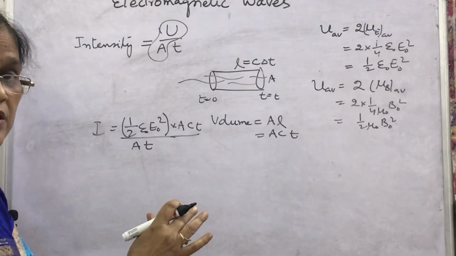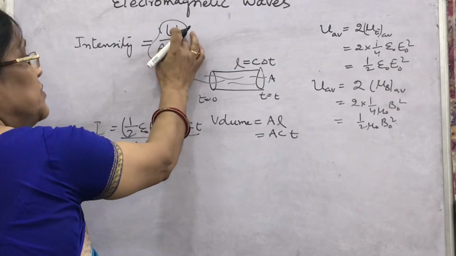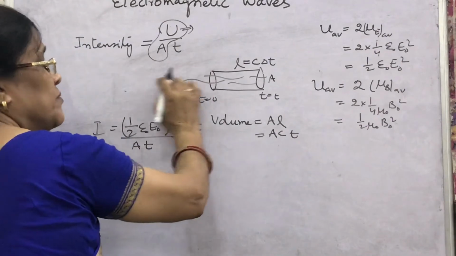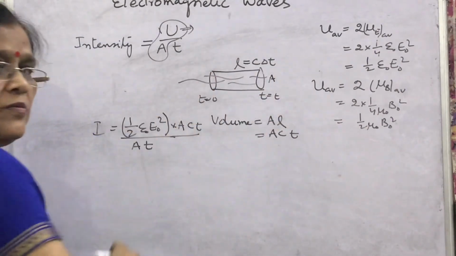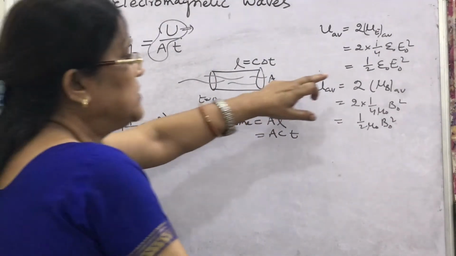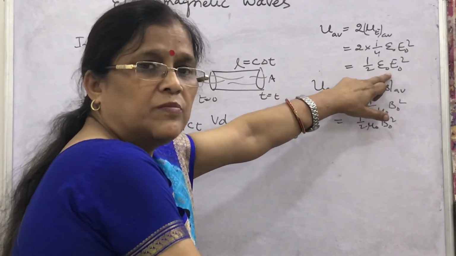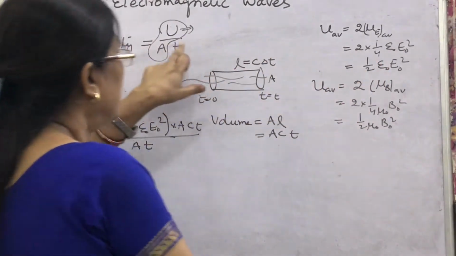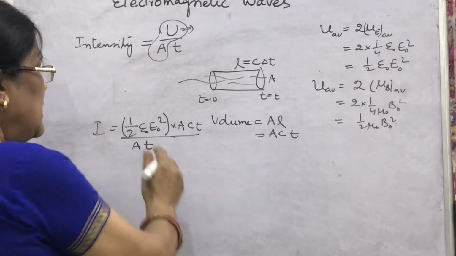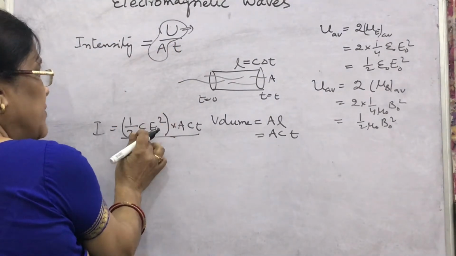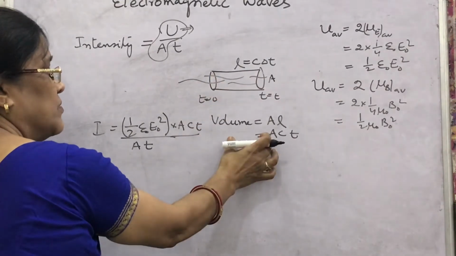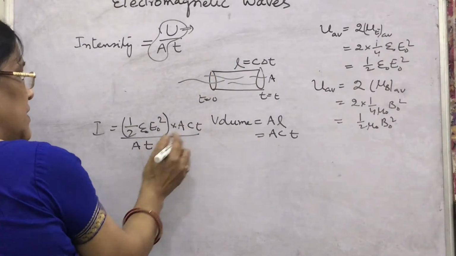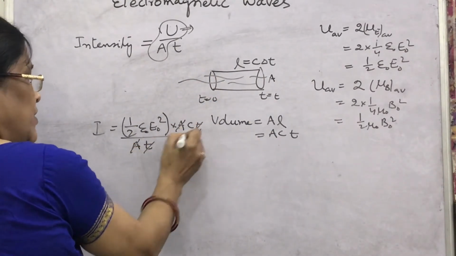Got it? Again I am telling, this U is the energy passing through this volume. And what is this? Energy per unit volume. Then energy density is energy per unit volume. Then what we have done? This energy density, that is energy per unit volume, into this volume. If you write, then this A t and A t will be cancelled.